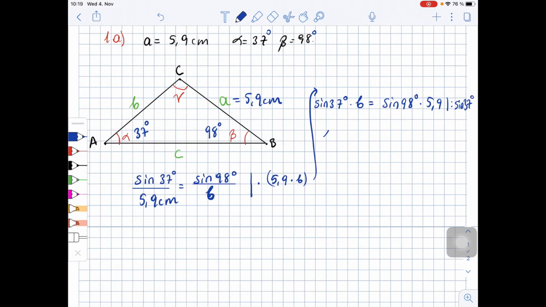So then b is going to be sinus 98 degrees times 5.9 divided by sinus 37 degrees. I'm not going to calculate it, you can do it on your own by using the calculator, because we do not know what sinus 98 is, and we do not know what sinus 37 is.